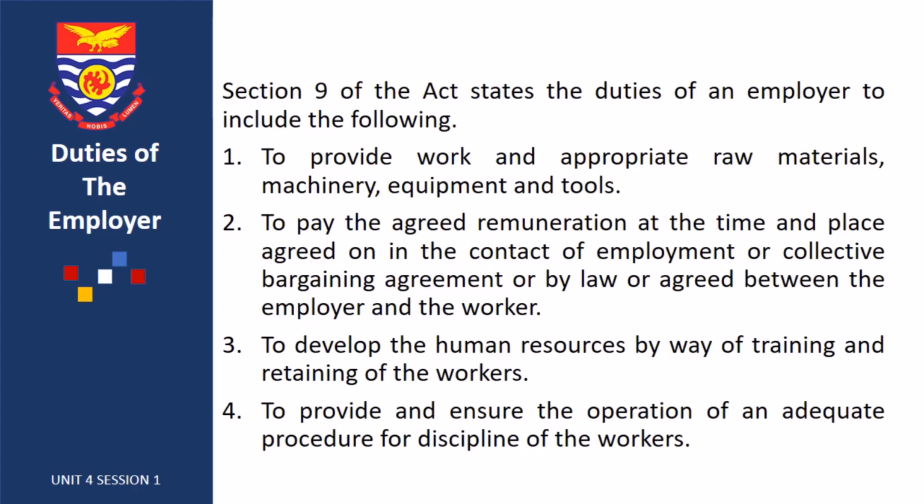Here it is the duty of the employer to provide the necessary tools and equipment and the right materials, and the machinery that the employees are supposed to have to be able to work effectively and efficiently. So every employer is obliged to provide these resources adequately.